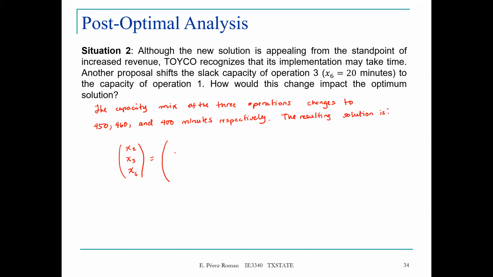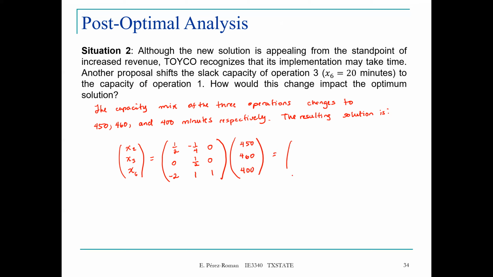And then we're going to multiply that by the inverse in the optimal tableau: 1/2, minus 1/4, 0, 0, 1/2, 0, minus 2, 1, and 1, times the new values for the right-hand side, which are 450, 460, and 400.